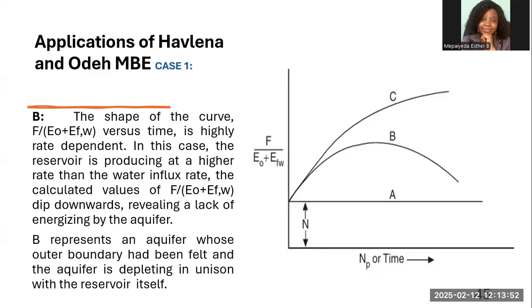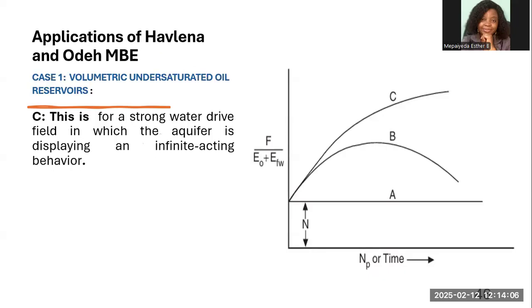let's look at C. So these are derivations which Havlena and Odeh actually made possible from simplifying the Schilthuis material balance equation. So let's look at C. This is for a strong water drive. Okay, so this is also showing that the reservoir is not volumetrically controlled, rather it is hydraulically controlled, meaning that there is a water influx.